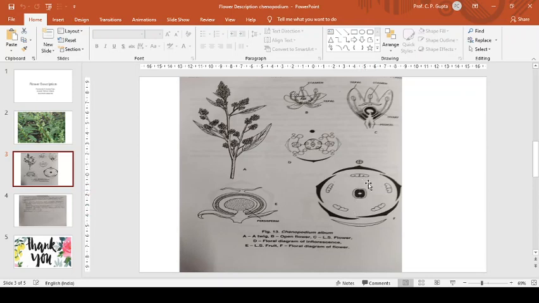One ovule, basal placentation, shortly stalked ovary, style short, and stigmas 2 and hairy. This is two stigmas and hairy. Fruit is a membranous utricle. This is LS fruit. Seed one, endospermic with horseshoe shaped curved embryo.